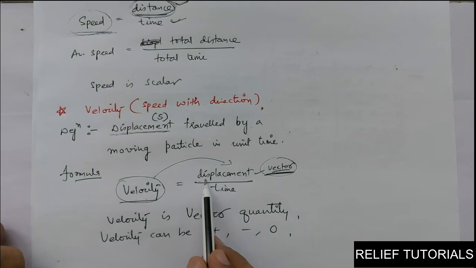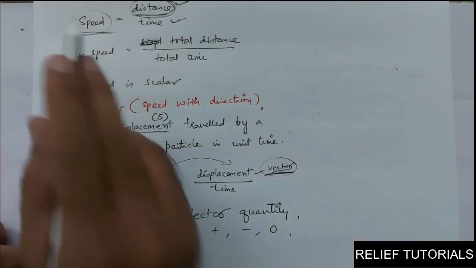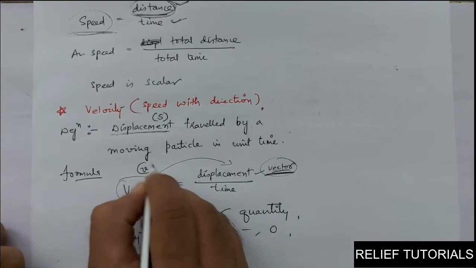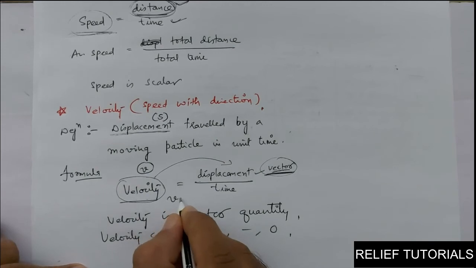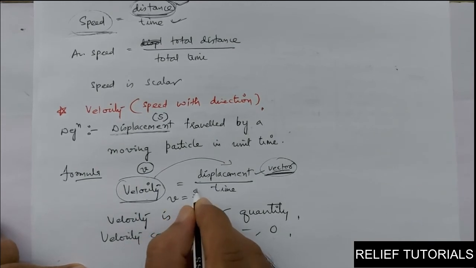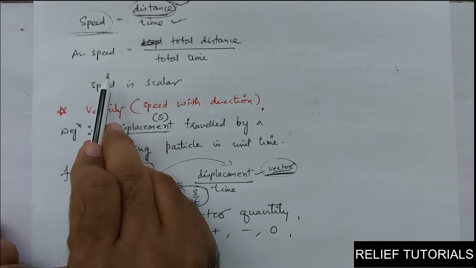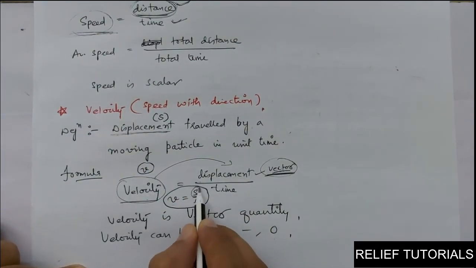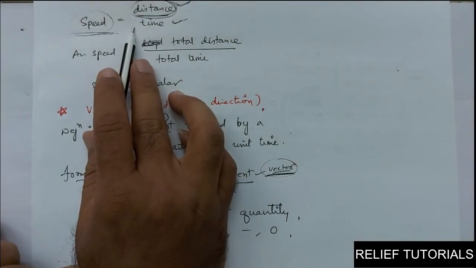Displacement is symbolized by s, just like distance, and just like speed, velocity is described by v. So if you write the formula symbolically, it is the same as speed: v equals s upon t. But we have to understand that if you represent direction, this v is velocity. If you don't represent direction, this v is speed. If you represent direction in s, that is displacement. If you don't, that is distance.